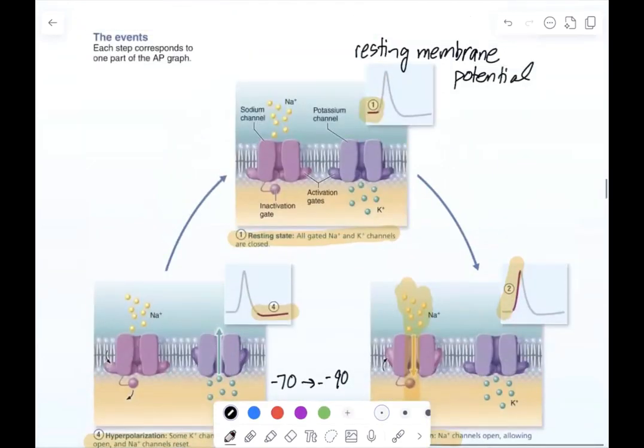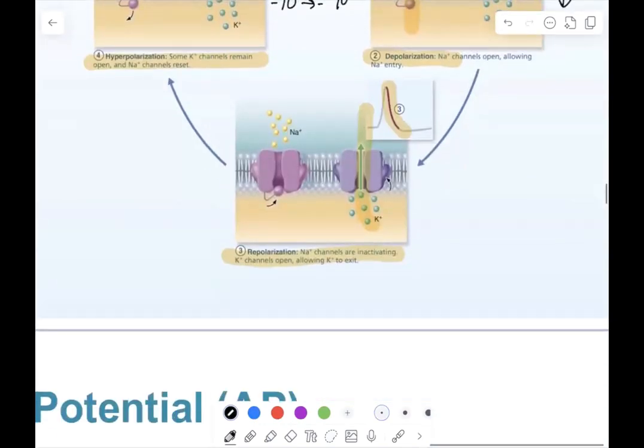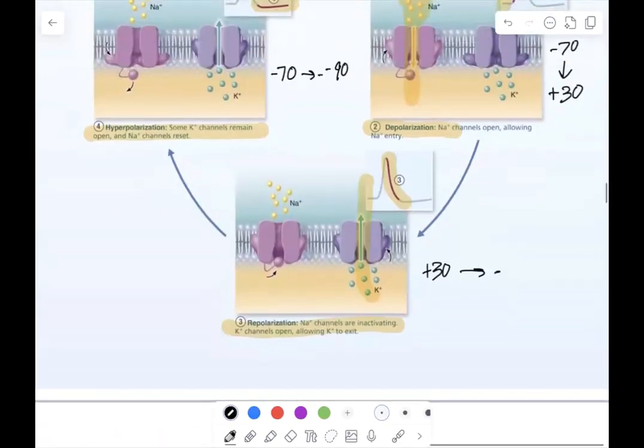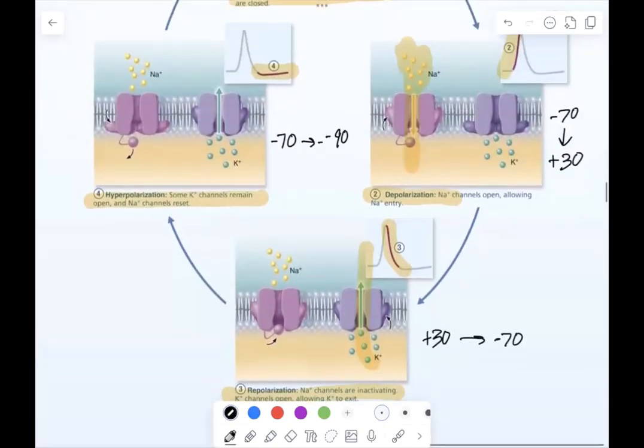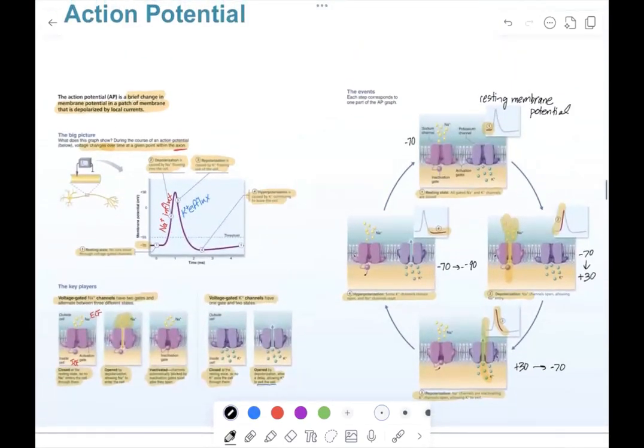So in step one, we're still at negative 70 millivolts. In step two, we go from negative 70 to plus 30. In the repolarization phase, we go from plus 30 to negative 70, and then we have the hyperpolarization that is shown. So those are the steps of the action potential.